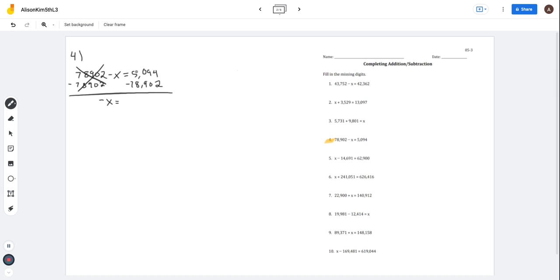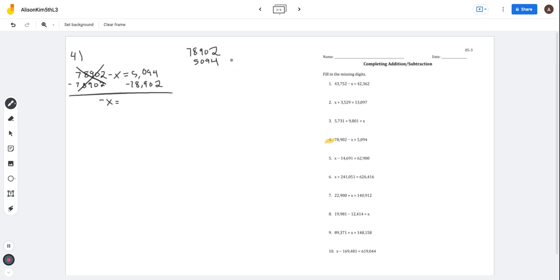And as we see here, 5,094 is way less than 78,902, so that's not possible, so we're going to have to switch the order up a bit. So 78,902 is going to be on top, and then we put 5,094.